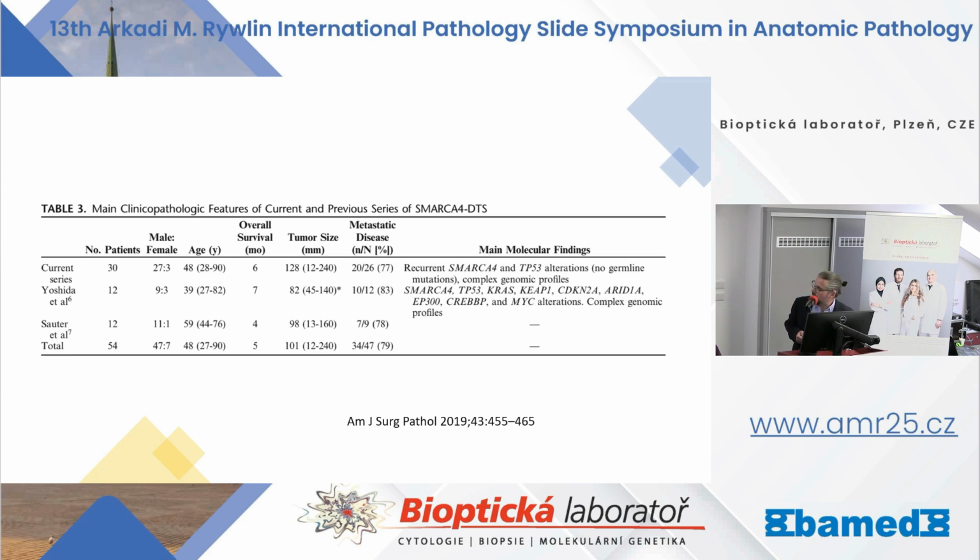Some of these tumors show, in addition to having the SMARCA4 gene mutated, some other genes mutated, including TP53 in essentially every case, and some other genes, including this KEAP1 gene, which is typically associated with smoking in pulmonary cancers.